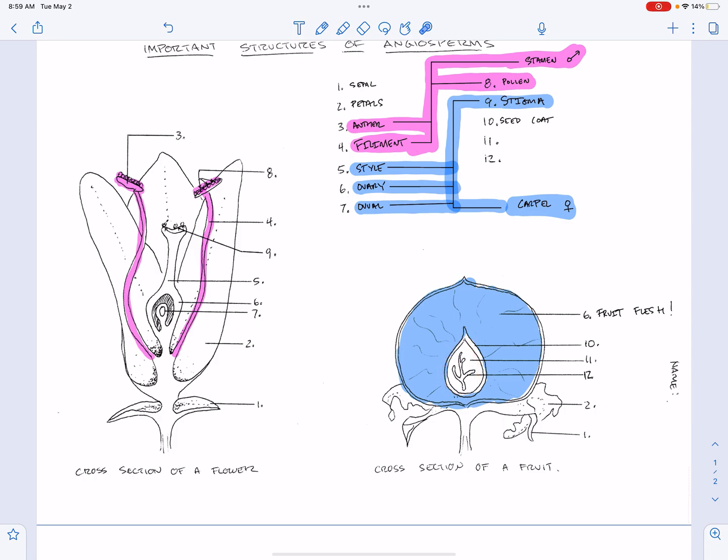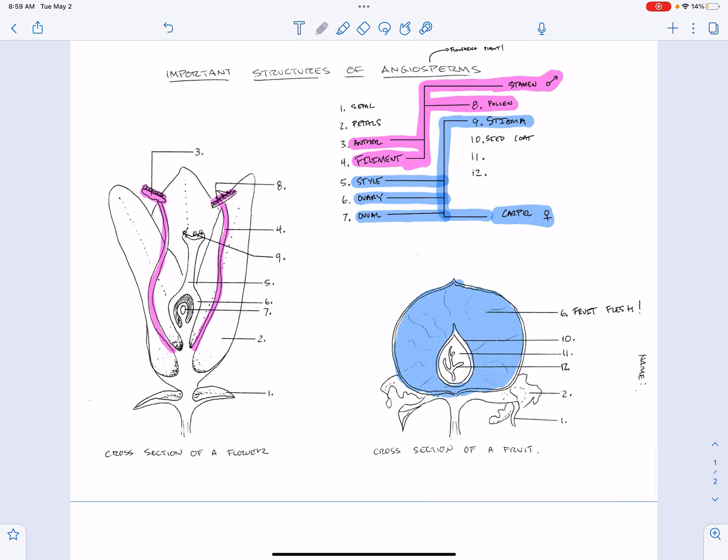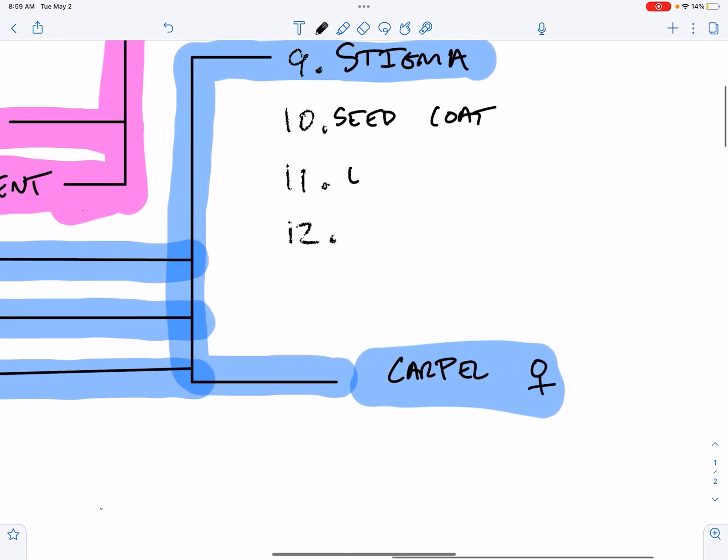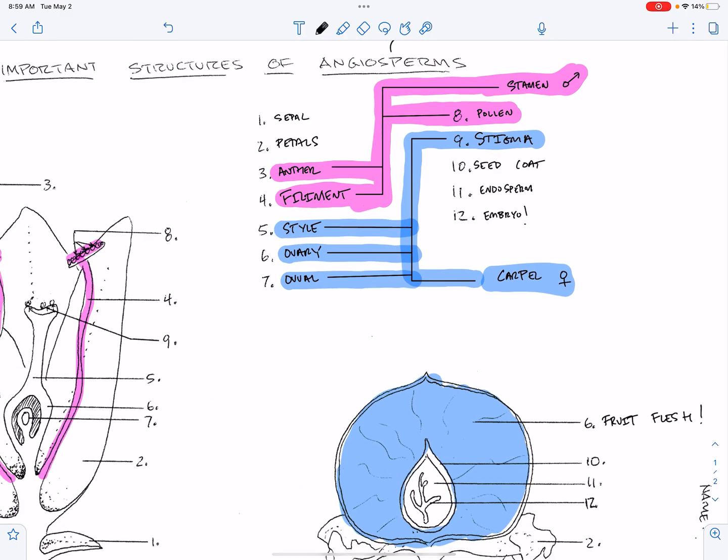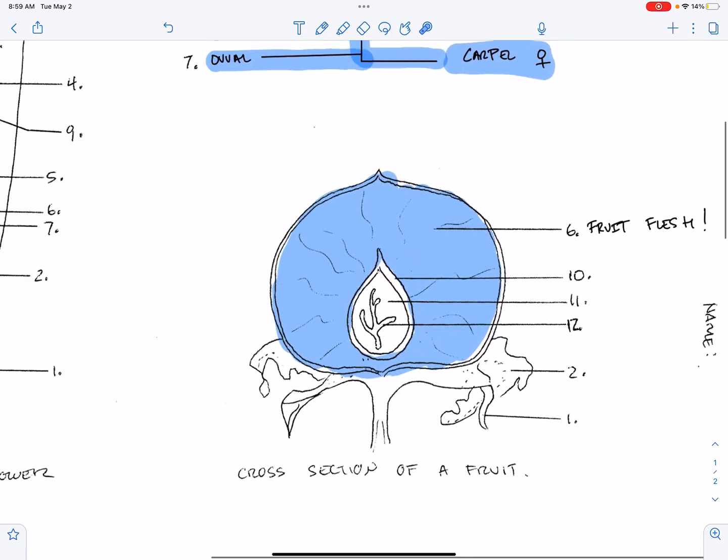Often seeds are coated in a tough structure that prevents their digestion and houses inside of them what's called endosperm and embryo, which is, I guess we can put an exclamation point next to this one, the baby plant.